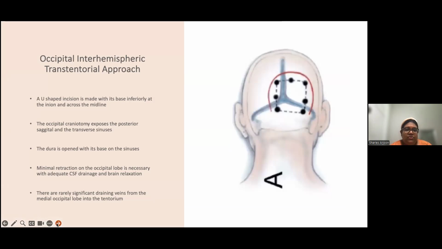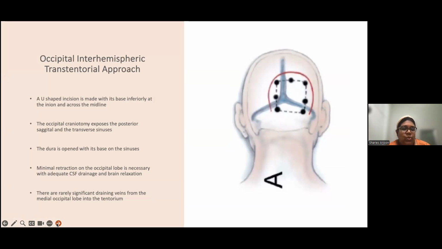And a U-shaped incision is made with its base inferiorly at the inion and across the midline. The occipital craniotomy exposes the posterior sagittal and the transverse sinuses.